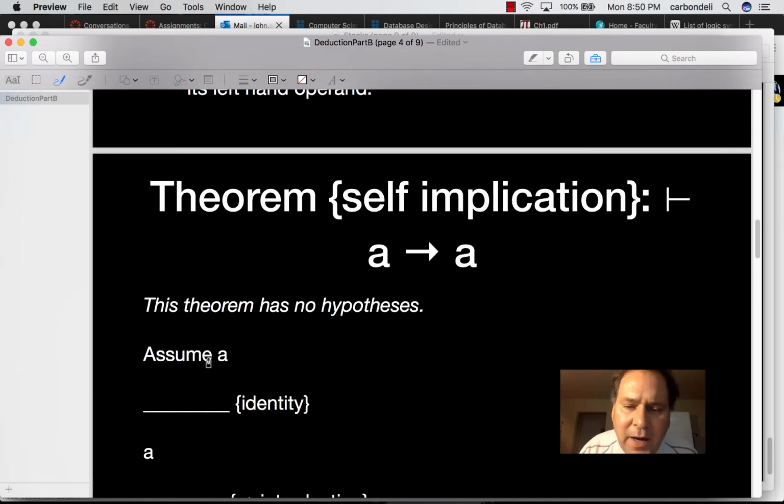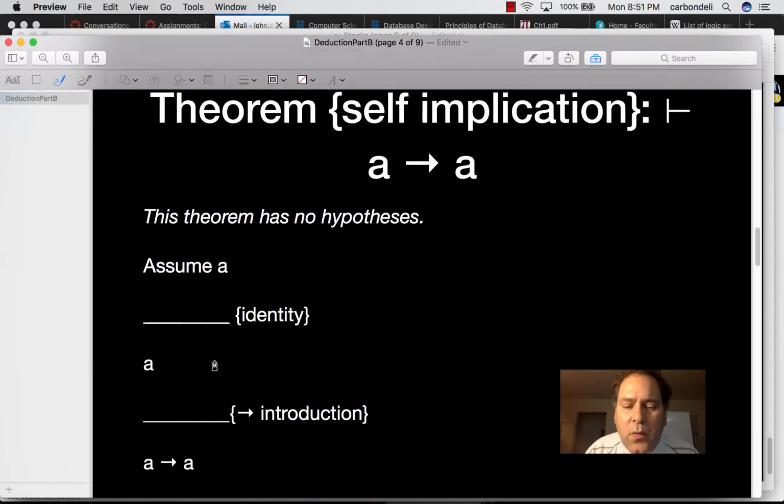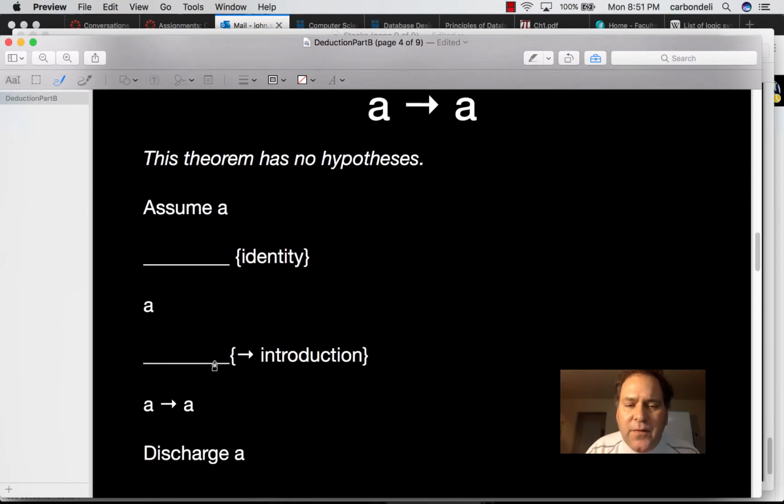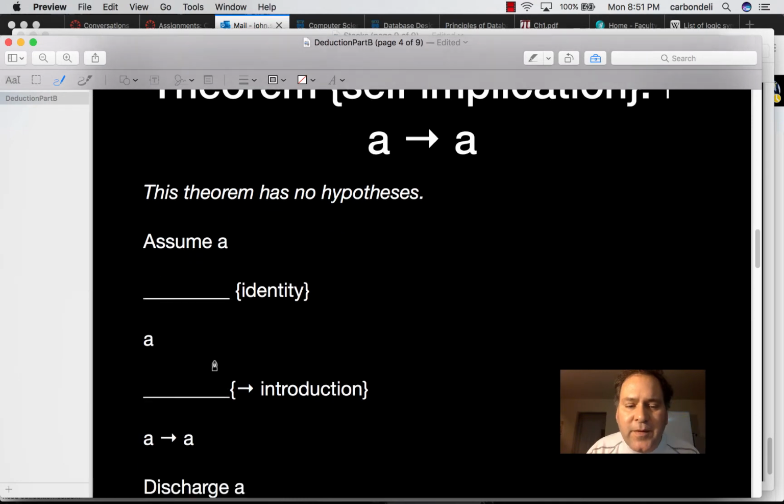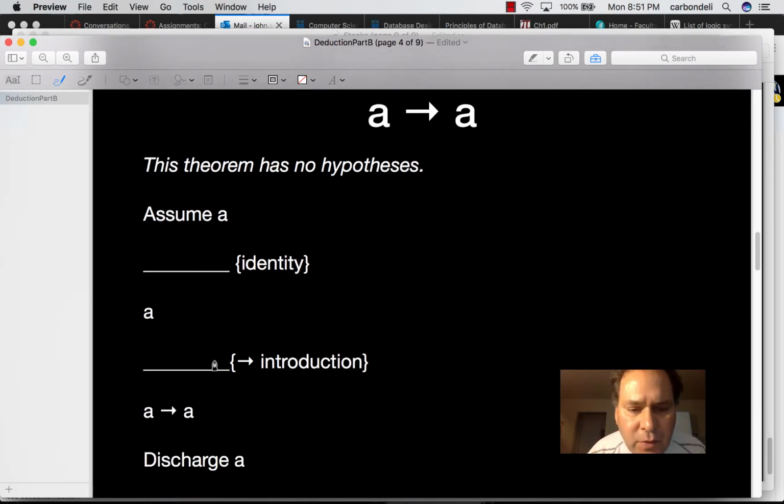And it does require understanding the way implication works, which has a truth table. And with knowledge of the truth table for implication, we can safely assert that this particular theorem does in fact prove that A implies A.